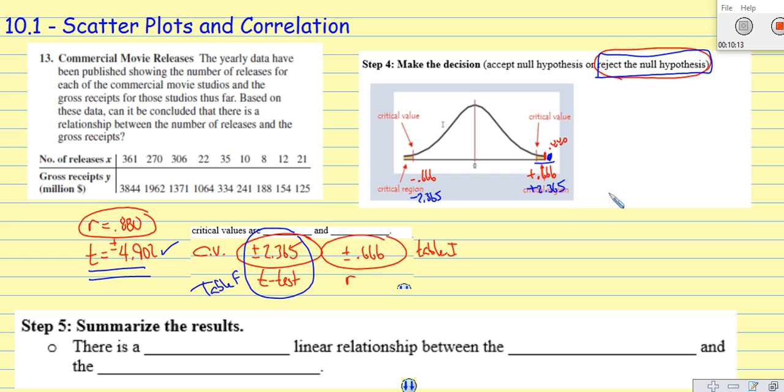The point is either one of those critical values established a test value that fell into a critical region, which then allowed us to say that there is a significant linear relationship between the x, which represents the number of releases, and the y's, which represents the gross receipts. So what we've established is, based upon this sample and its significance, we're able to make conclusions about the population because our responses were significant.